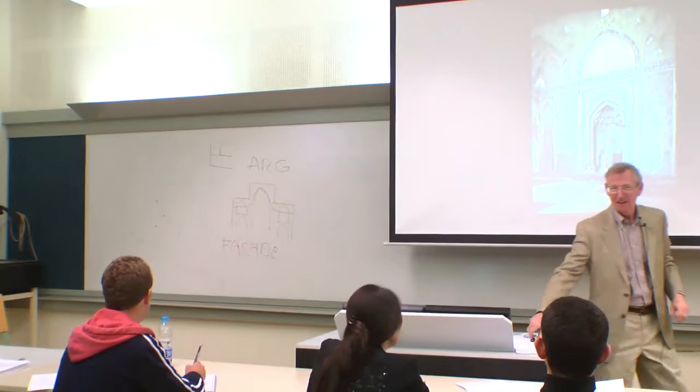There's a swastika below it, which is simple geometric decoration. But what is it? Let me see how they've written it here. It's a very familiar name. Ali? Yes, Ali.